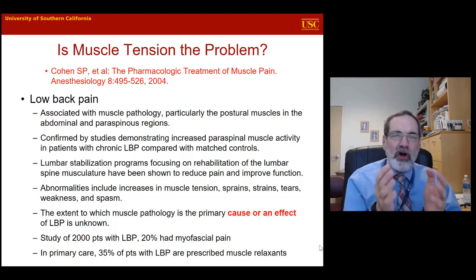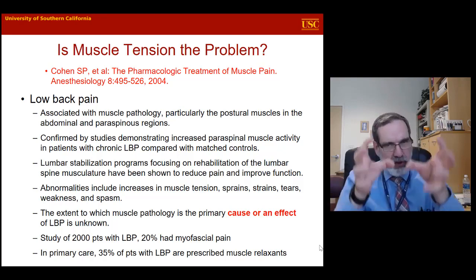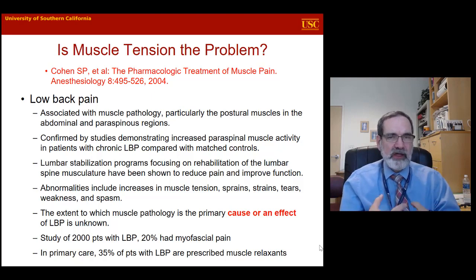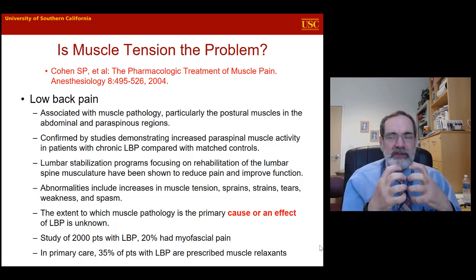Low back pain often is associated with muscle pathology, particularly in the large muscles that maintain our posture, which are in the paraspinal along the spine and in the abdomen, the abdominal wall muscles. We see studies that have confirmed that there is increased muscle activity in these paraspinal muscles in patients with low back pain.